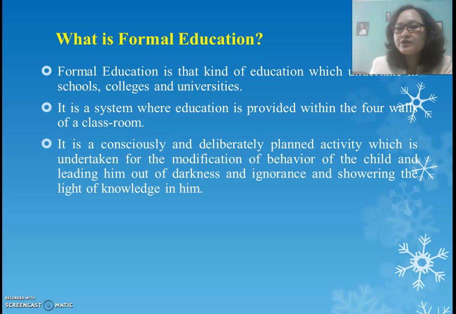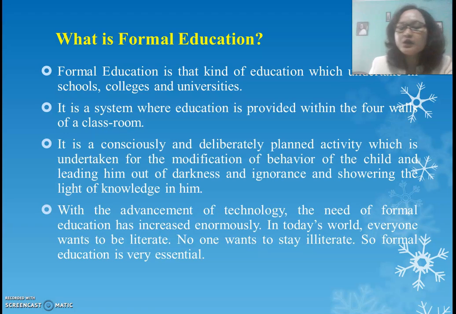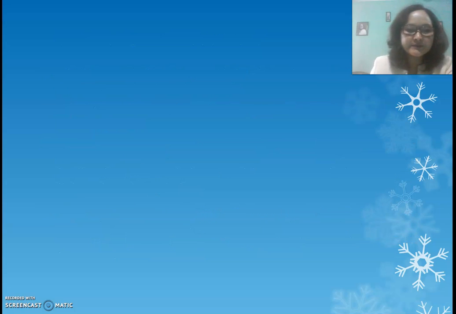So, formal education is a preplanned, conscious and deliberate activity. With the advancement of technology, the need for formal education has increased enormously. In today's world, everyone wants to be literate and no one wants to stay illiterate, and because of that, formal education has become of utmost importance and is very essential.